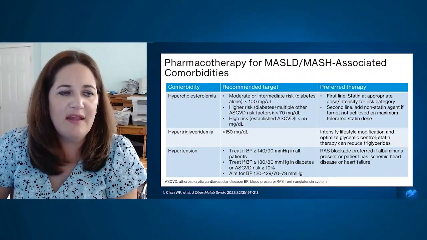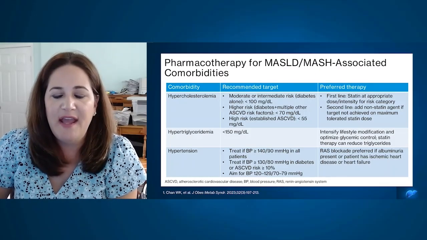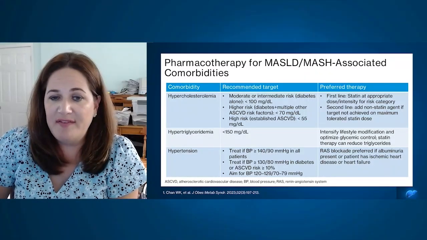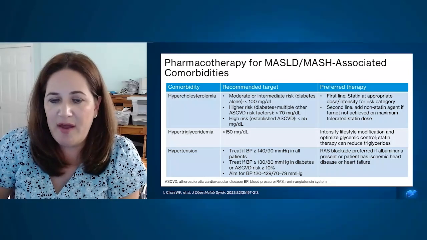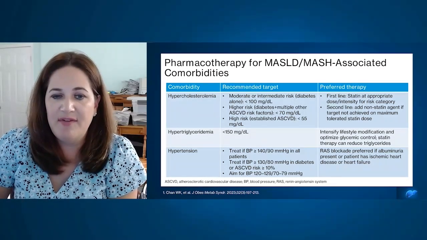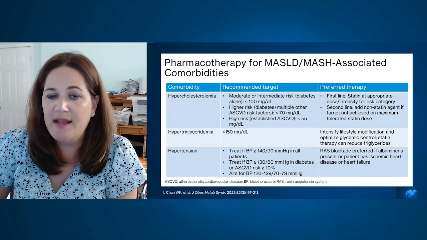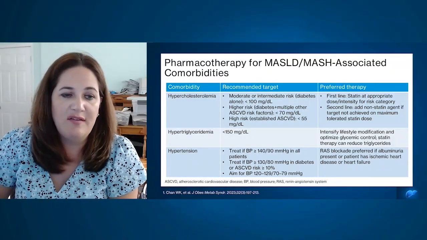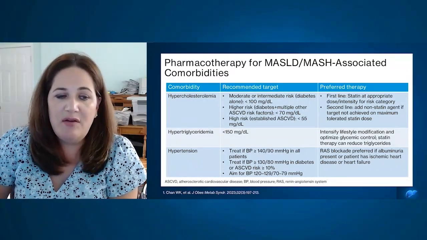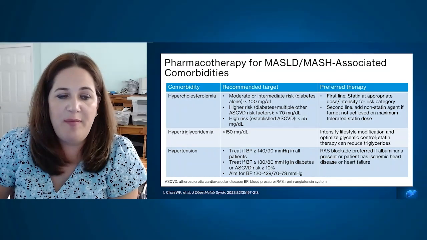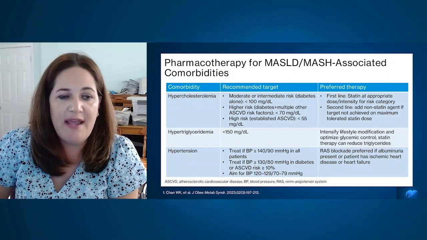The next one is hypertriglyceridemia. So the goal there is less than 150. Again, lifestyle modifications, dietary modifications, increased activity, optimized glycemic control, and the statin can help to reduce triglycerides. Hypertension, the goal would be getting BP less than 140/90.